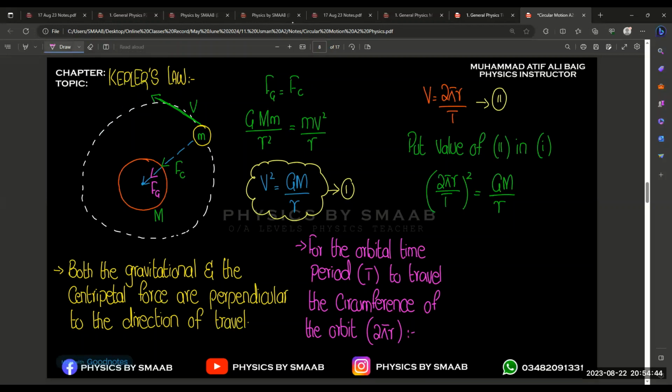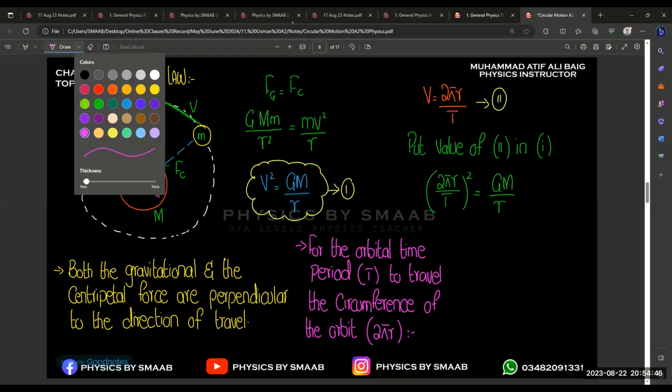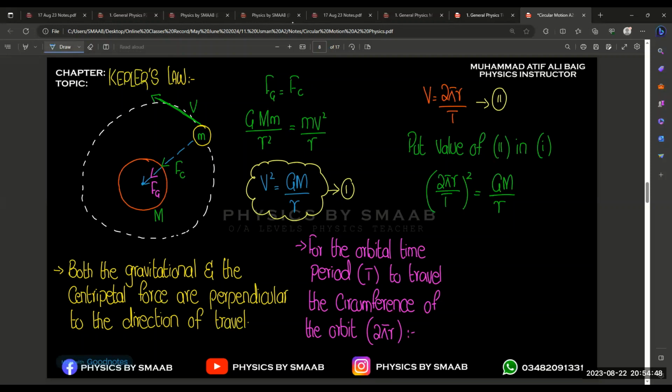And finally, the final equation will be 4 pi square r square divided by t square equals GM over r.